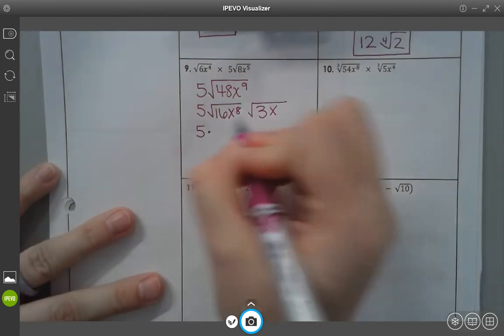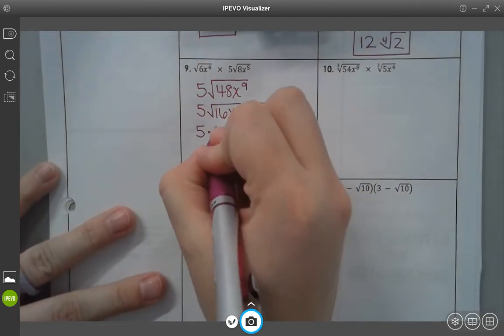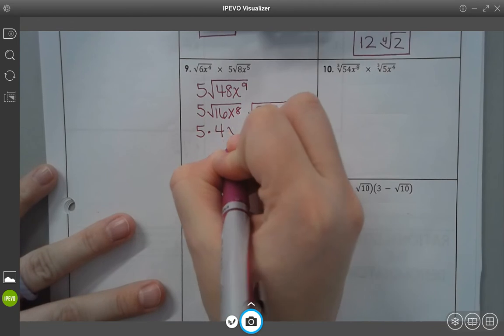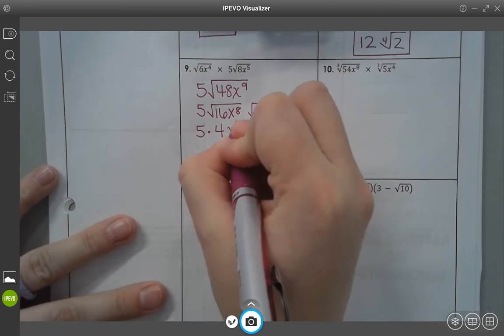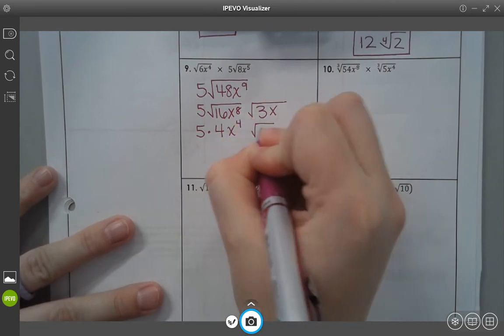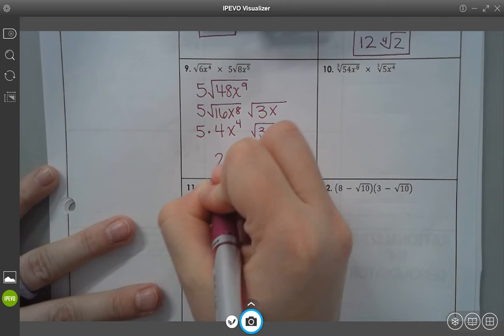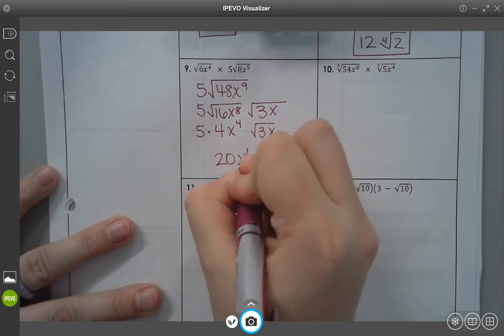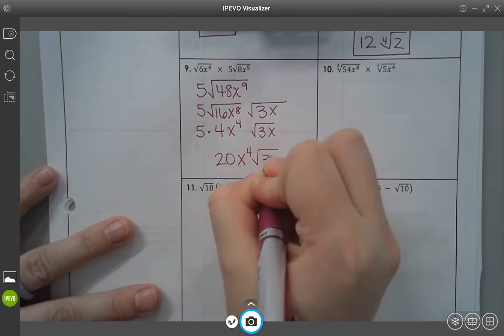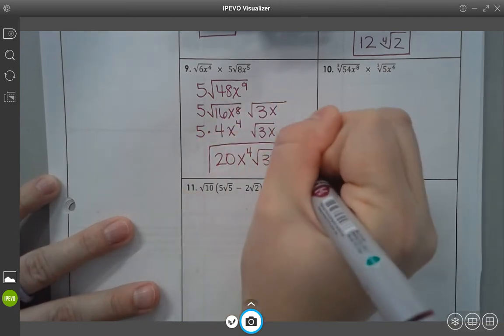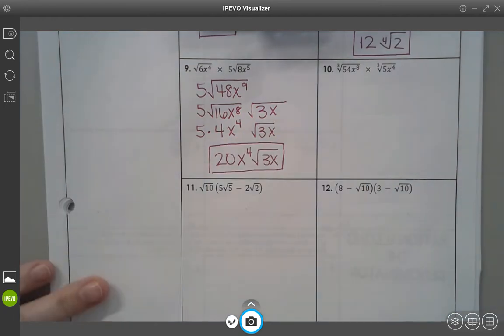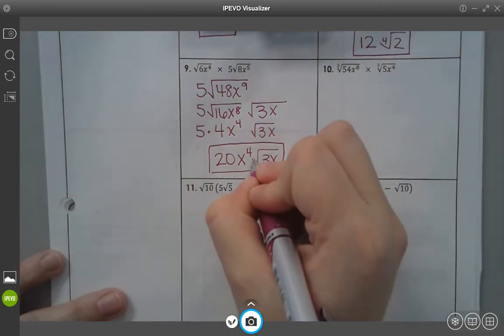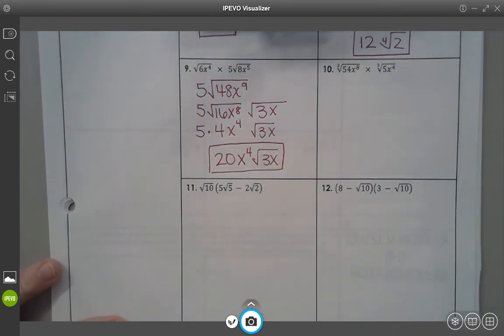So this is 5 times 4 x to the 4th square root of 3x. Good. So it's 20x to the 4th, square root of 3x.